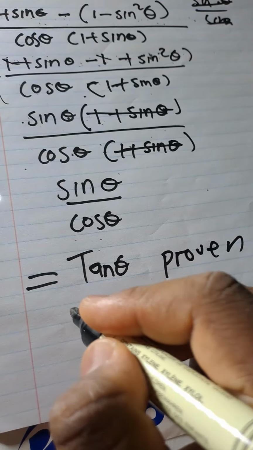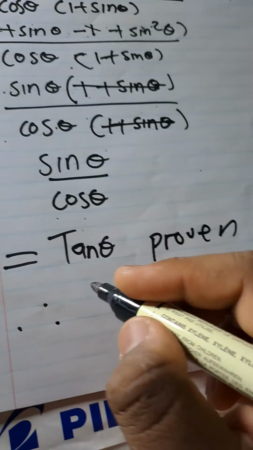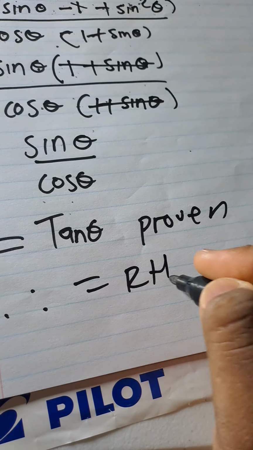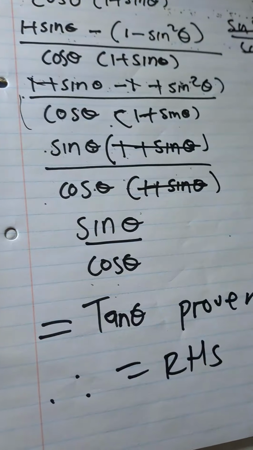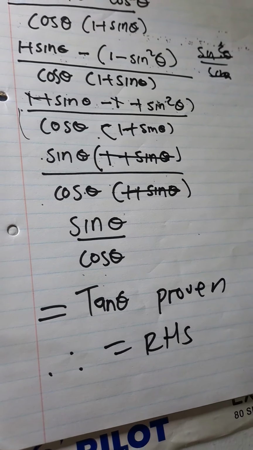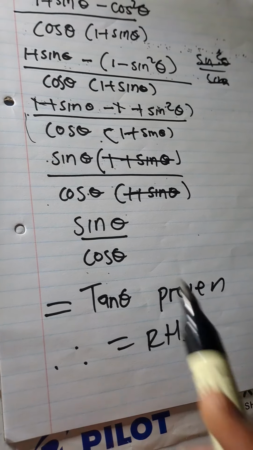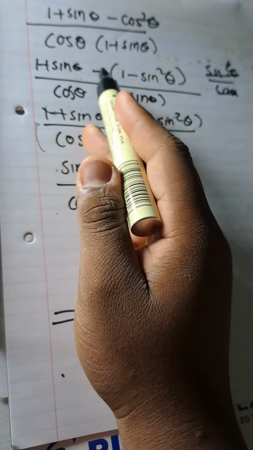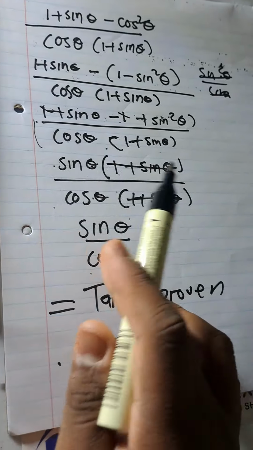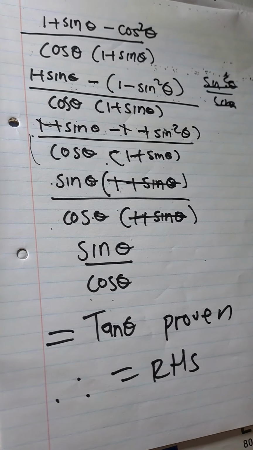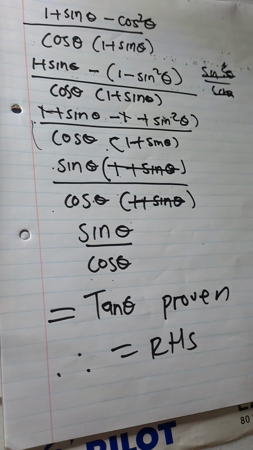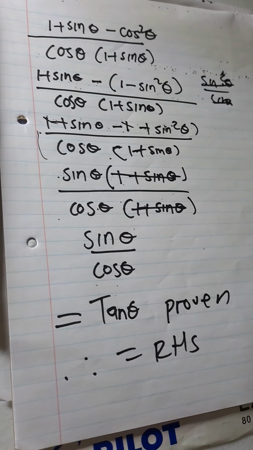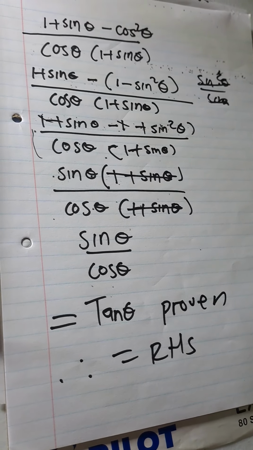Then you just say, therefore it's equal to RHS, because this is the left hand side. So we're done. But what you have to know: you don't touch the denominator, you just apply your maths in the numerator. Everything that you know from algebra or any mathematical knowledge, you can apply there, and then you're done.